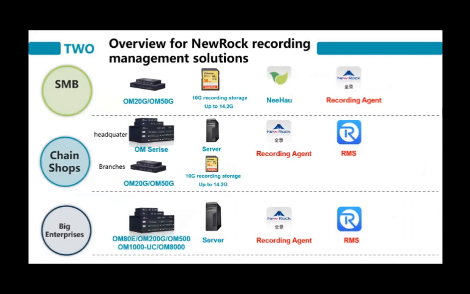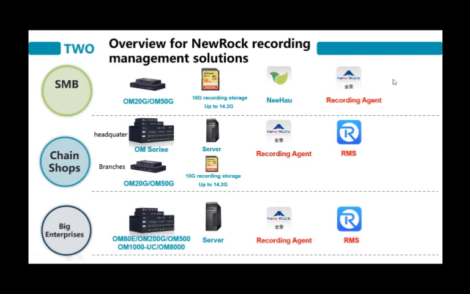Here, for the small and medium business enterprise market, we offer our smaller devices, the 20G and 50G IP-PBX. We have here a built-in 16 GB memory, with a recording storage of 10 GB, so up to 14.2 gigabytes.